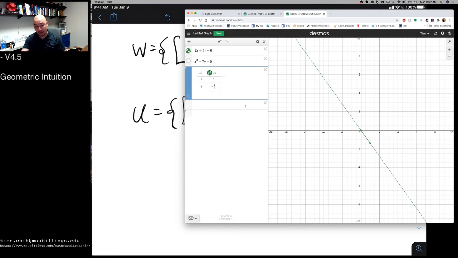And so if I were to pick another vector that lay on this space, let's say when x is minus 2, then we can think about what y would have to be. It would have to be 14/5, positive because of the negative. Then that vector here, likewise, also falls on that space, right?